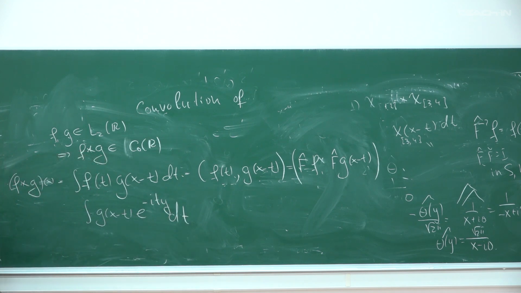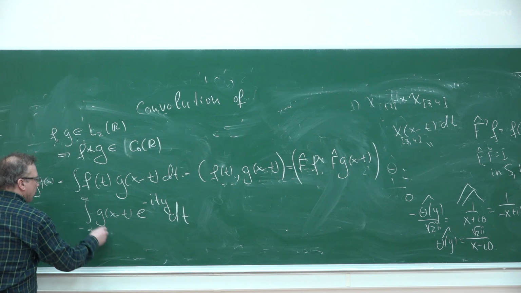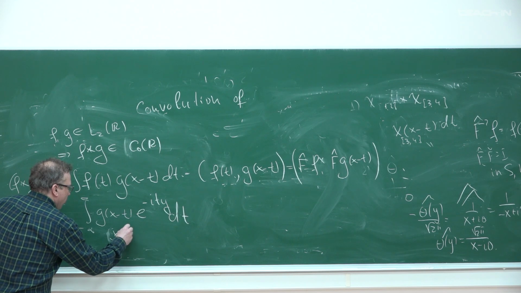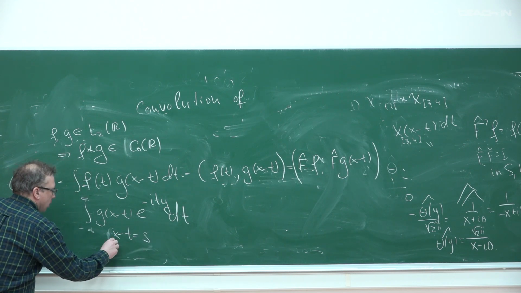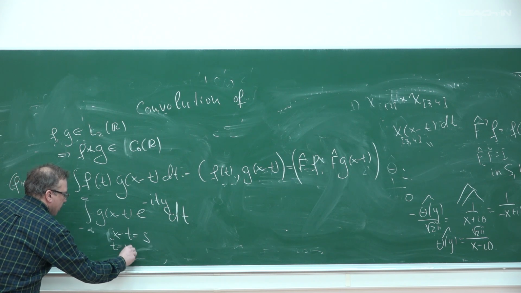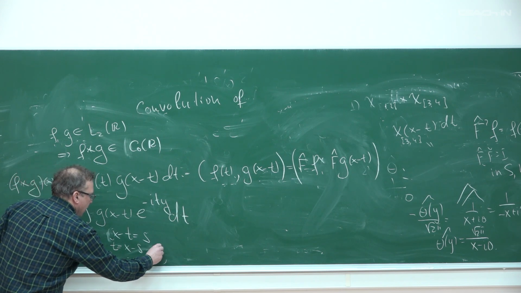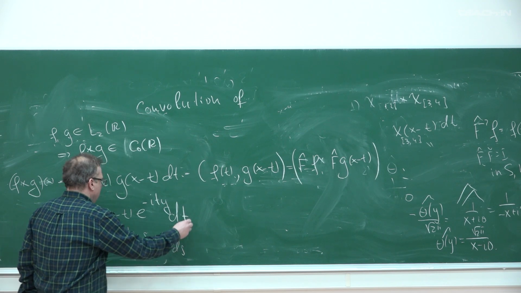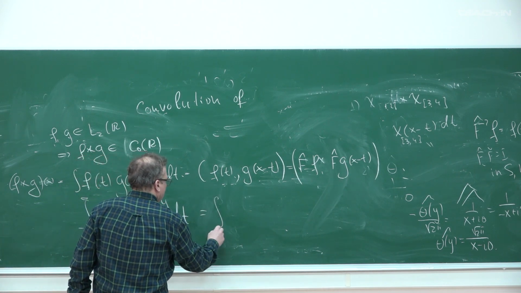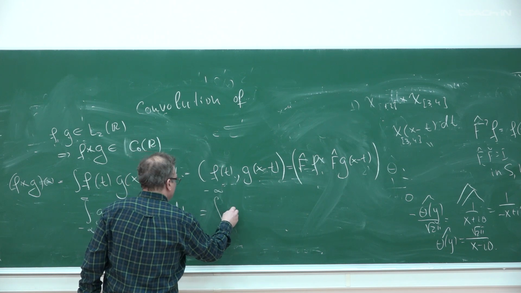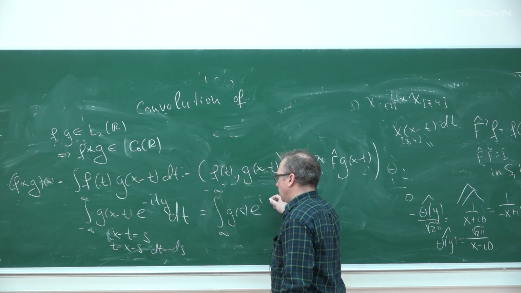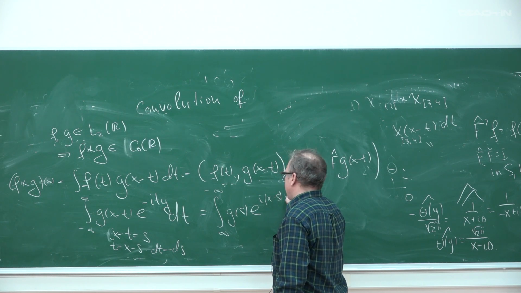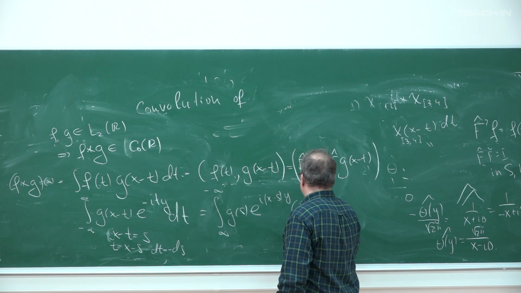In parameter t. Again, changing of variables, x minus t equals s, t equals x minus s, dt equals minus ds. So you obtain the integral from infinity to minus infinity of g of s e to the power of minus i(x minus s)y, minus ds.